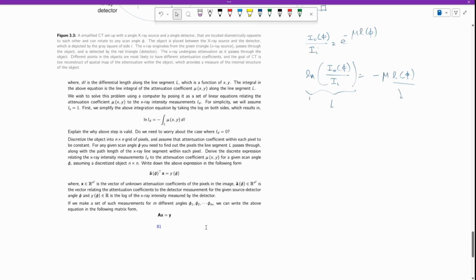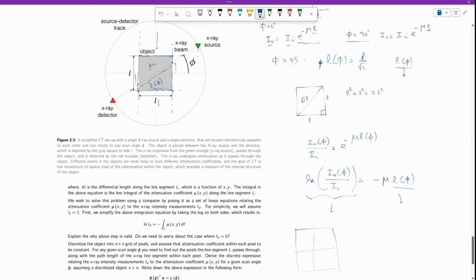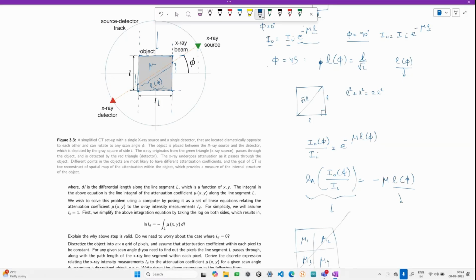The other problem had, I can't remember correctly, 4 regions like this. You kind of have to repeat the same procedure. Here we've assumed each one has a different absorption coefficient. And you still have the X-ray that's passing through. You'll have to solve for the intersection for each of these.